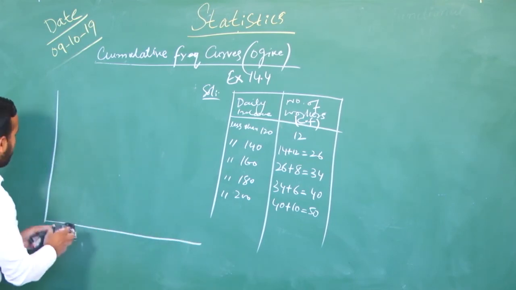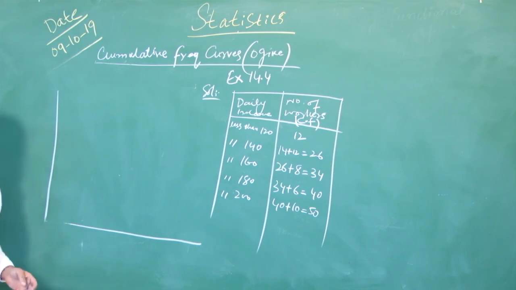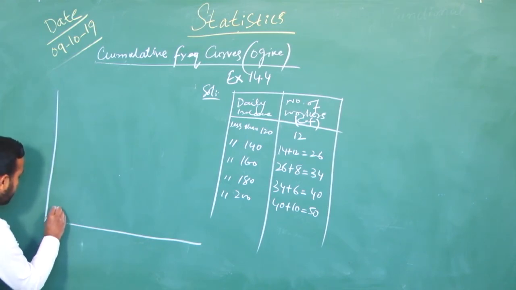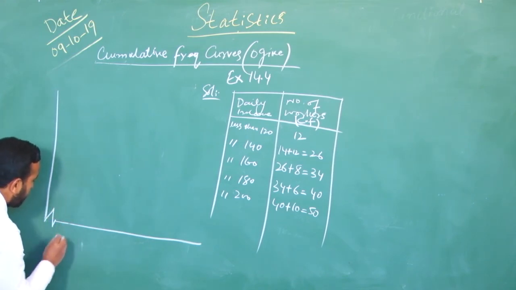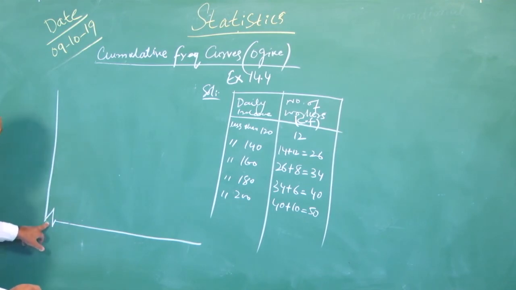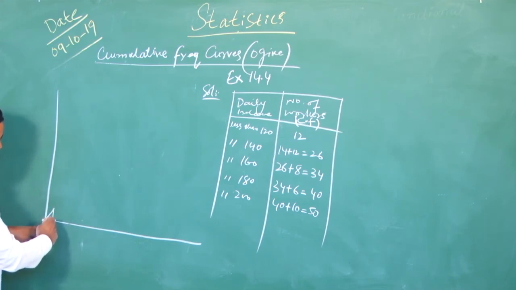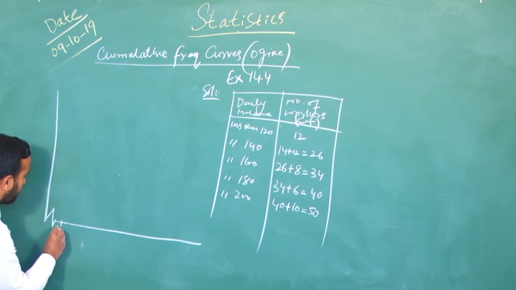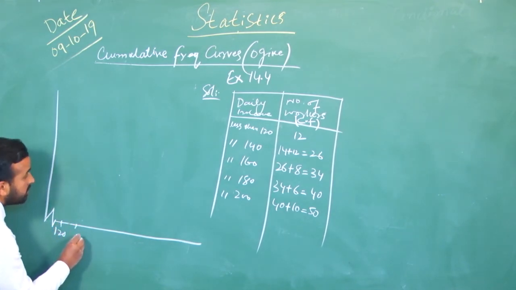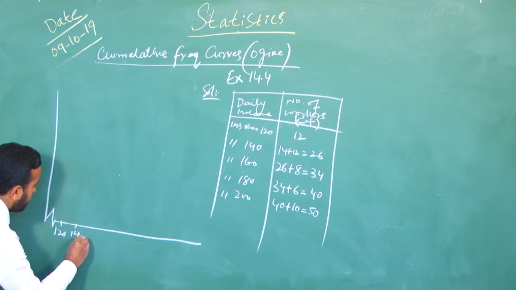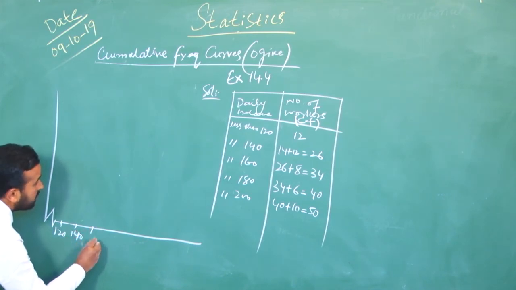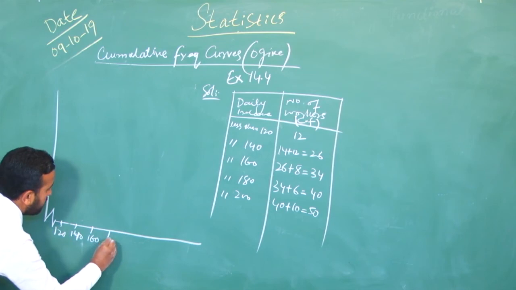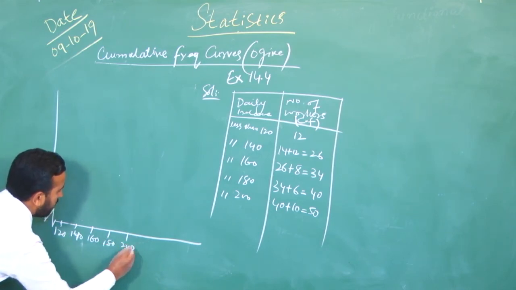As we have to start with the value of 120, as you are aware from class 9th as well, we will draw this particular type of graph. The change we make in the graph is known as the kink of the graph. So we'll start with the value 120, then 140, 160, 180, and the last one, 200.